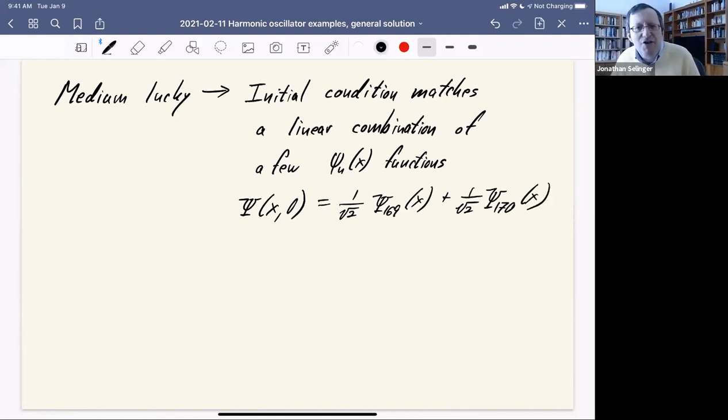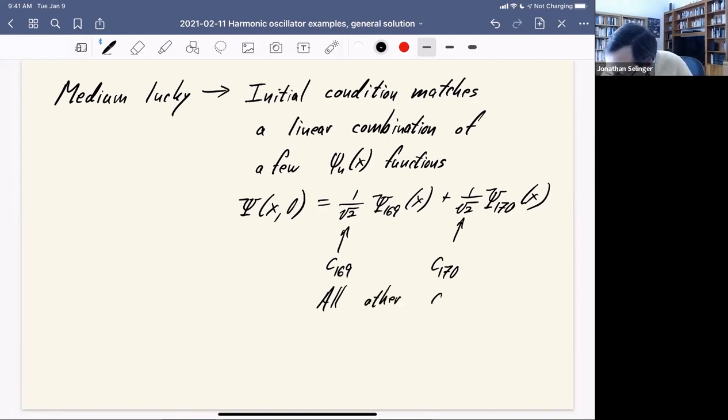I don't know why I'm doing those numbers, just any old numbers. So these are the numbers for C169, C170. All other Cn are equal to 0.